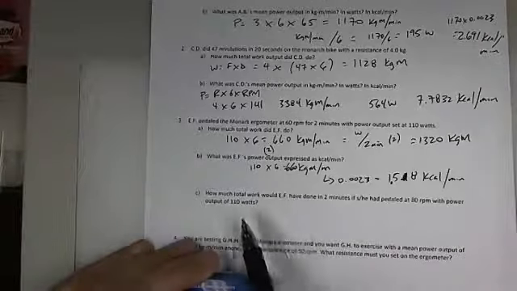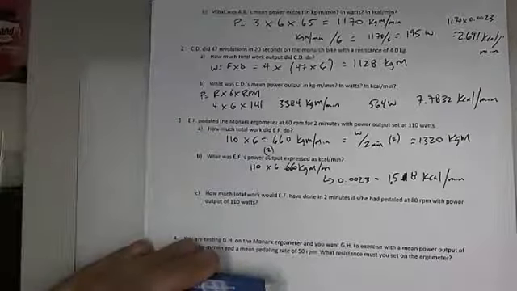All right, and then last but not least, how much work would they have done in 2 minutes if they had pedaled at 80 RPMs with a power output of 110 watts? In this case, the point of this question is just to prove to you that wattage is ultimately independent of RPMs, right?